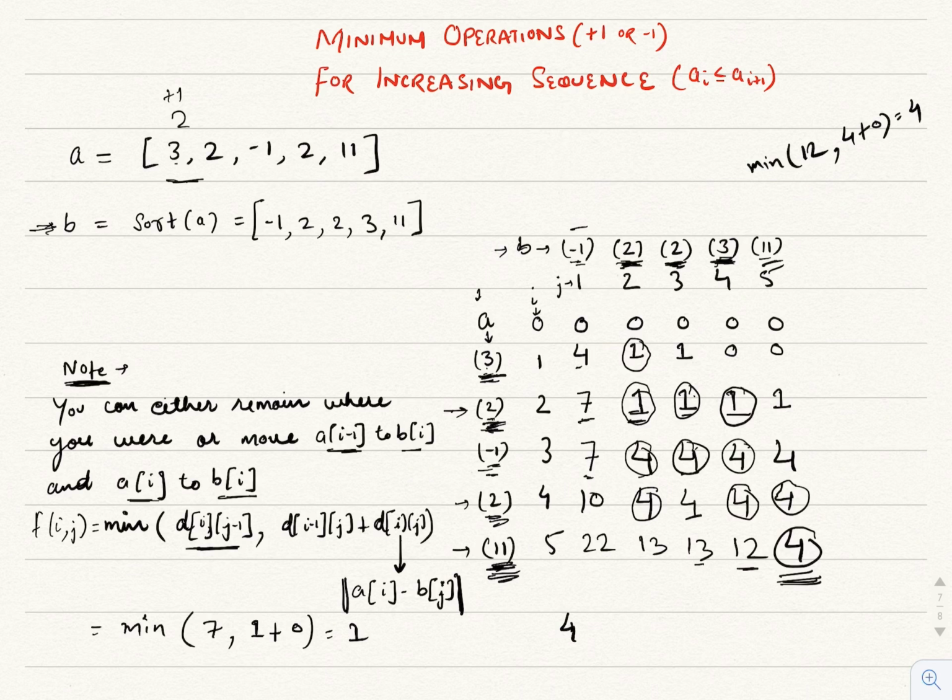We'll remain 2 where it is, no operation required here. We'll make minus 2 to 1, so 3 operations are going to be required here. So the sequence is going to be 2 2 2 2 and 11 at the end, and the total minimum operation will be 4.